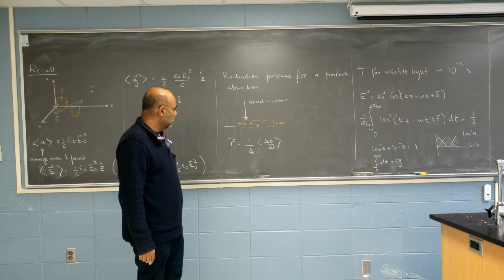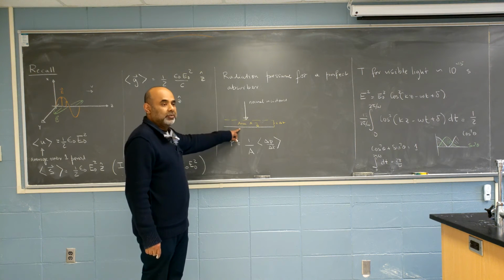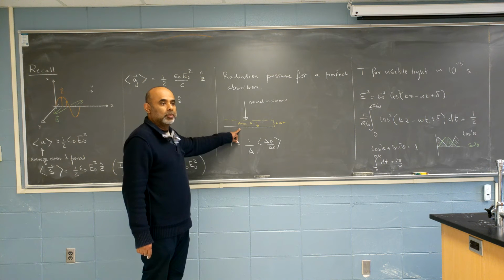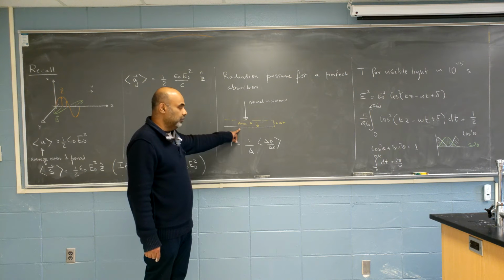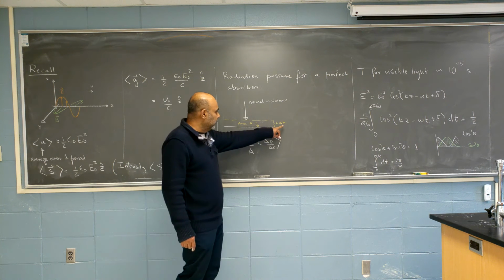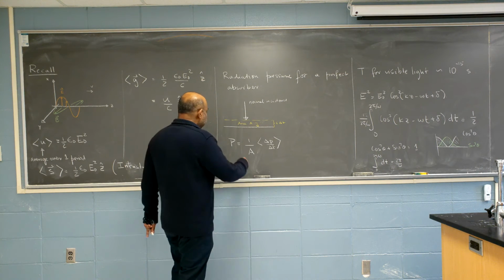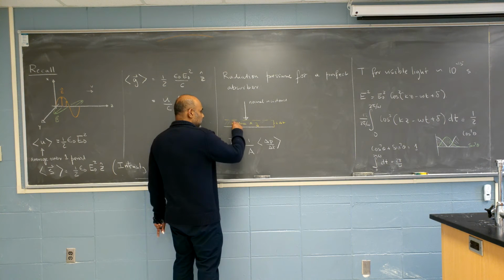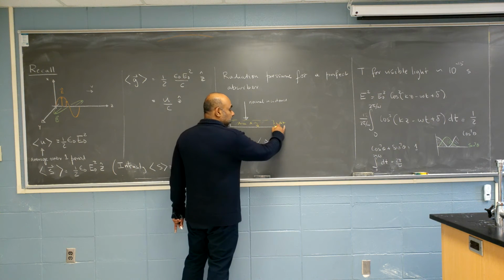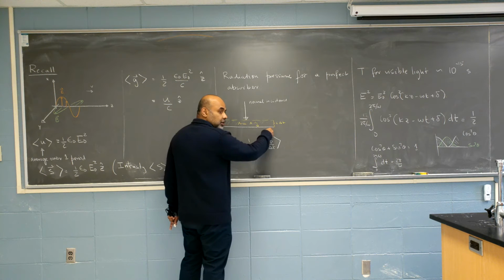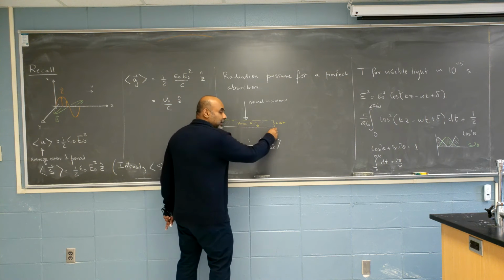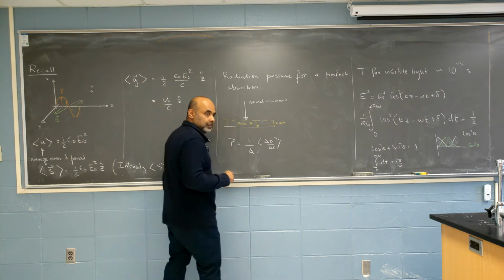I know you're asking, the area of what? So you have some sort of a perfect absorber, something that will absorb light. So it's the area of the perfect absorber. And we're going to wait for delta t seconds. And whatever momentum is in here, this is c times delta t, would have made it to the surface.